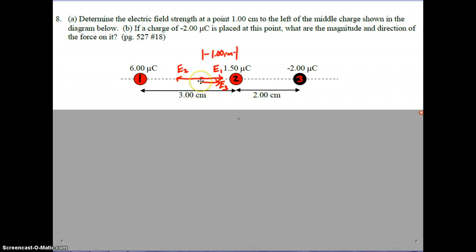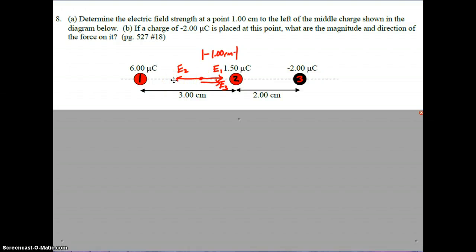The electric field due to charge 1 is the direction a positive would take due to that charge. Since charge 1 is positive, the electric field E1 would be to the right. The electric field due to charge 2, since charge 2 is positive, would be to the left.